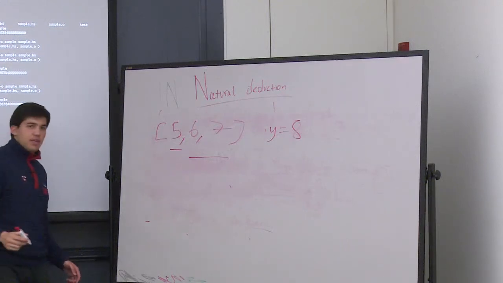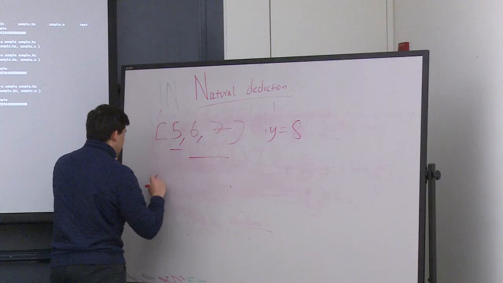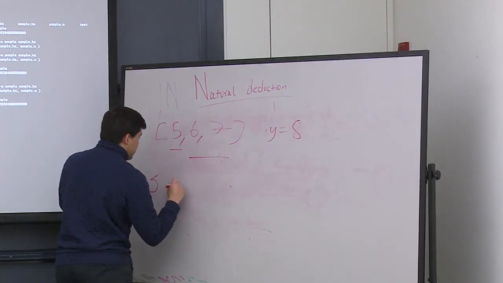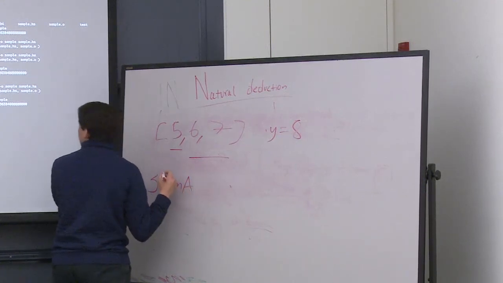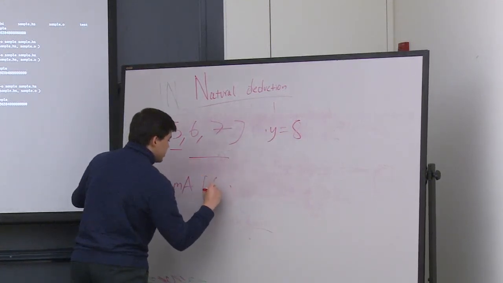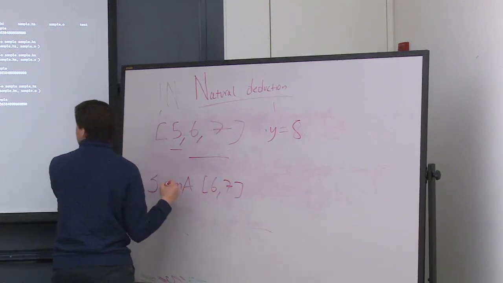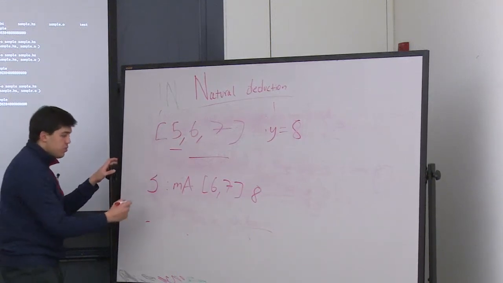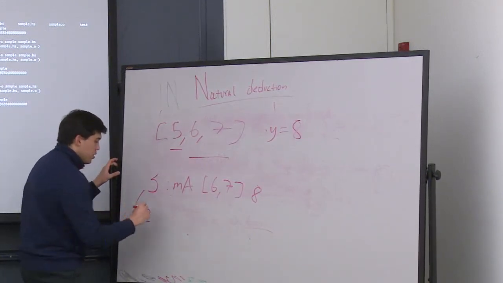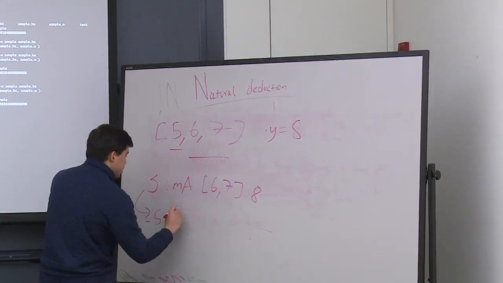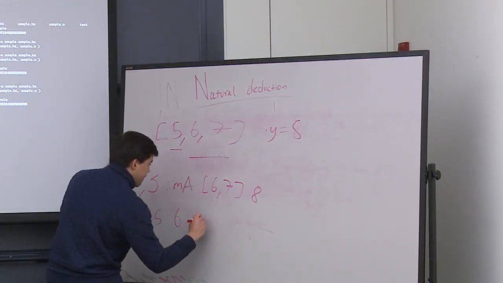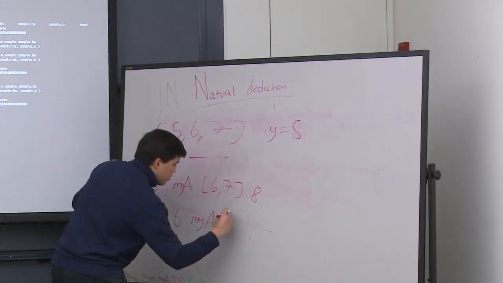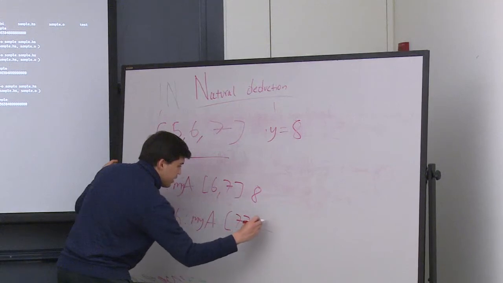So what this would be is 5, and then the function my append, the list 6, 7, and then 8, right? And what would this go into? This would go into 5 colon 6 colon my append with the list 7 and 8.